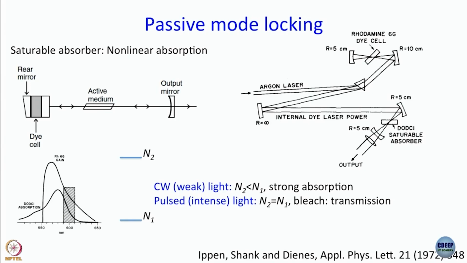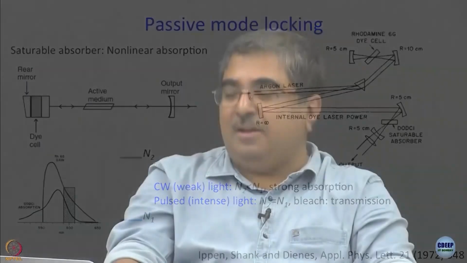Pulse light, because it is intense, will cause bleaching and will get transmitted. Okay. So, this saturable absorber is going to select pulse light over CW light.